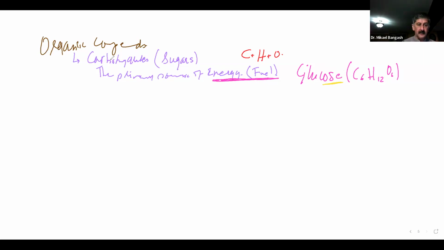Some other examples of carbohydrates or sugars will be things such as lactose. We have something called maltose. We have fructose.